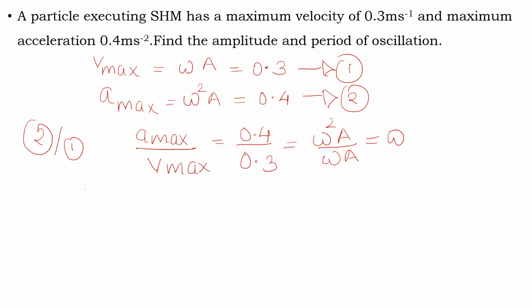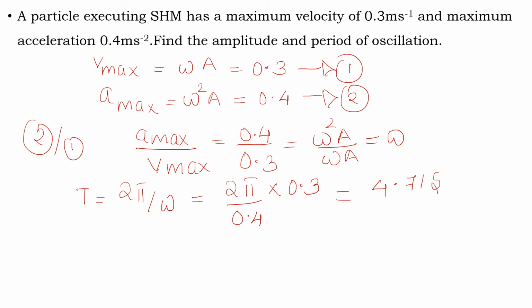Therefore, the period T can be represented as 2 pi by omega, which is equal to 2 pi divided by 0.4 by 0.3. That is, the period is 4.71 seconds.